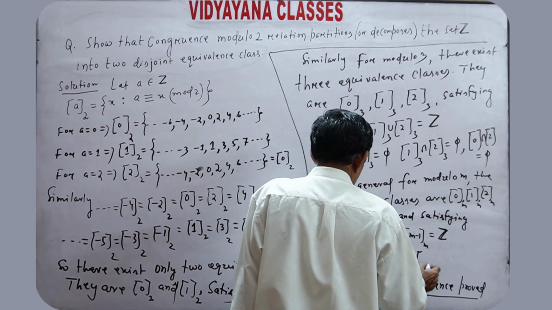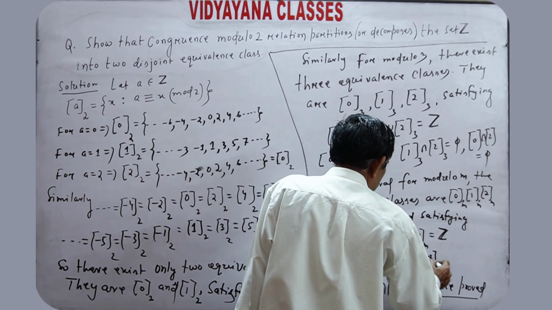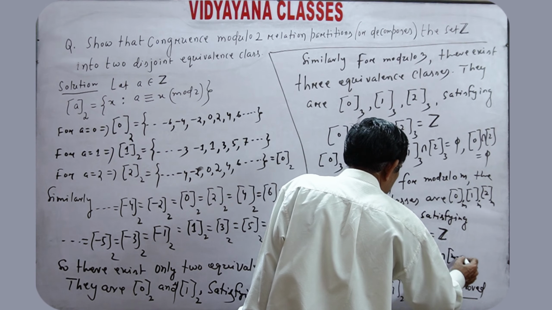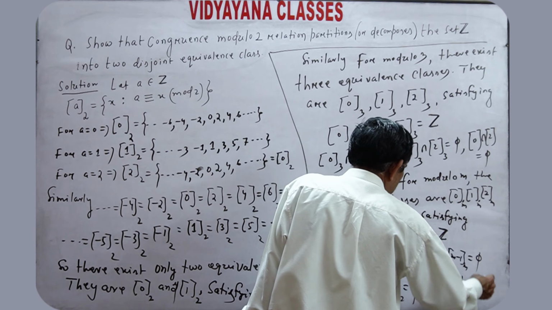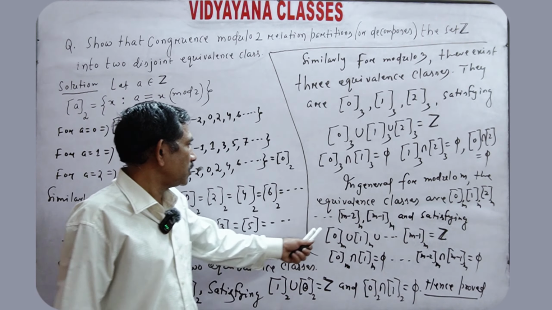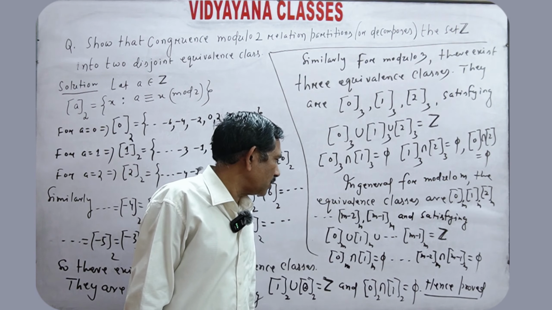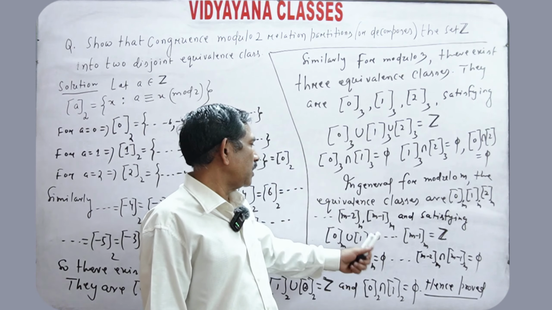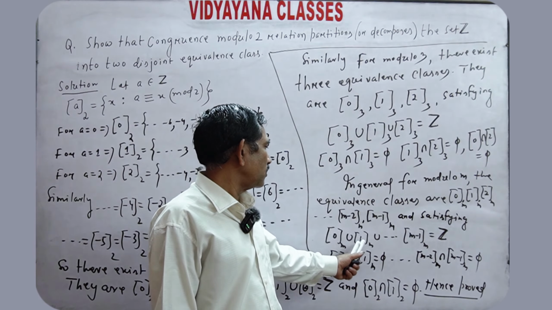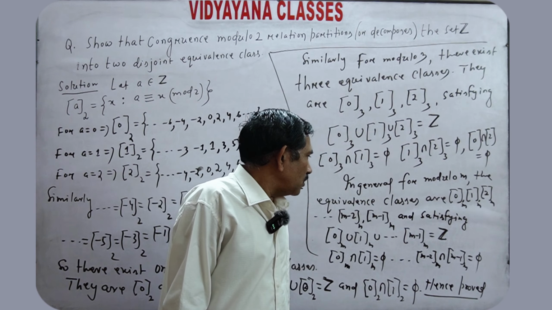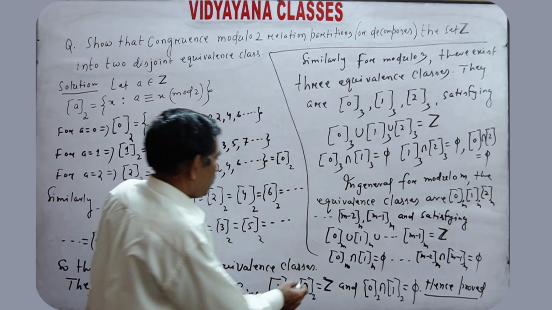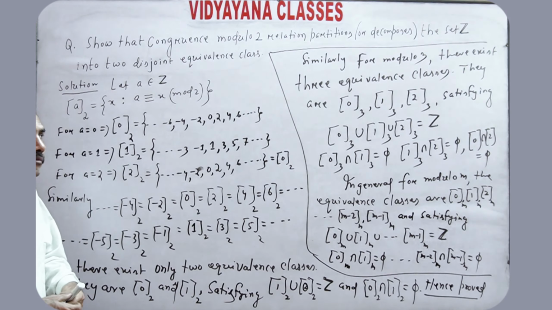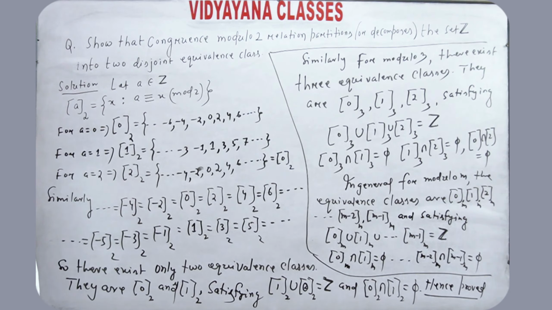Any two, equivalent class of M minus 2 modulo M intersection equivalent class of M minus 1 modulo M is equal to phi. In general, we can say all of these are disjoint to each other, so the intersection must be phi. Clear? Okay.